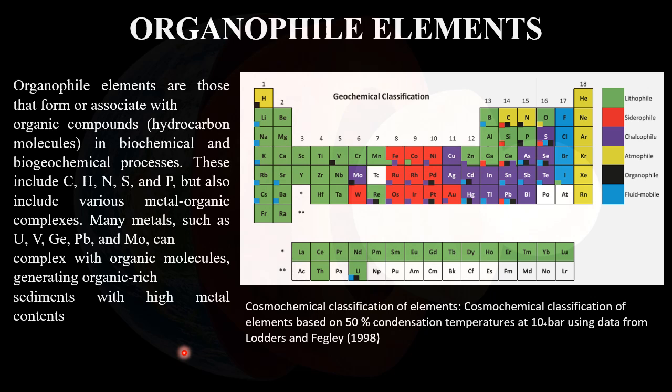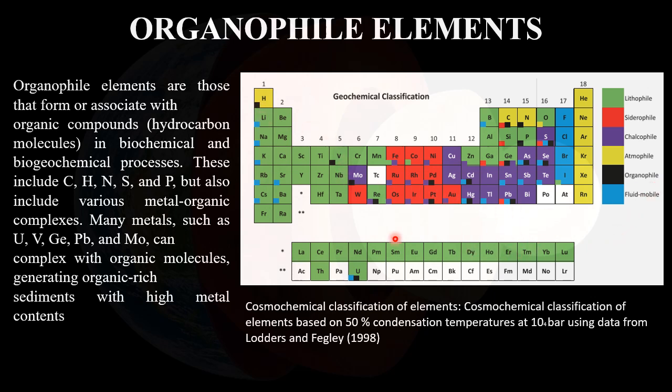Many metals such as uranium, vanadium, gallium, lead, molybdenum can complex with organic molecules, generating organic rich sediments with high metal contents. Here we can see the organophiles indicated by black boxes within the periodic table. All those in black are the organophile elements.